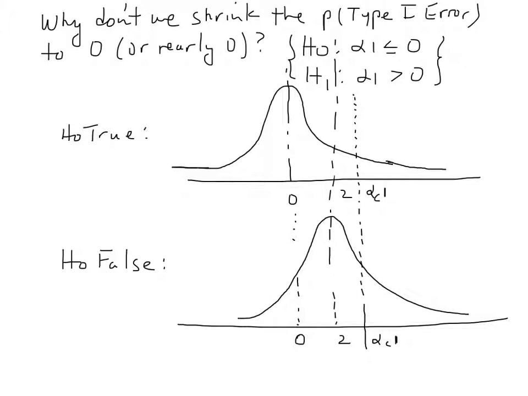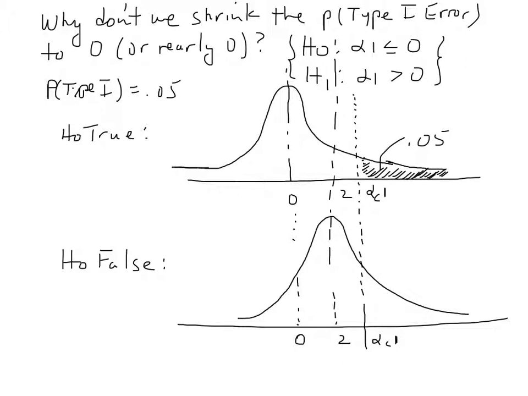Okay, so let's suppose that we pick the probability of a type 1 error initially to be 0.05. Then we would add up the area under the curve from this end, and when we got to the point where that area equaled 0.05, we would have computed the probability of a type 1 error.